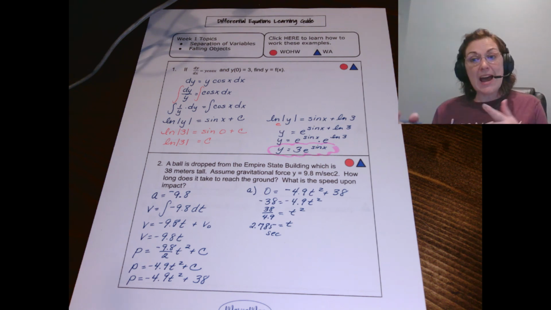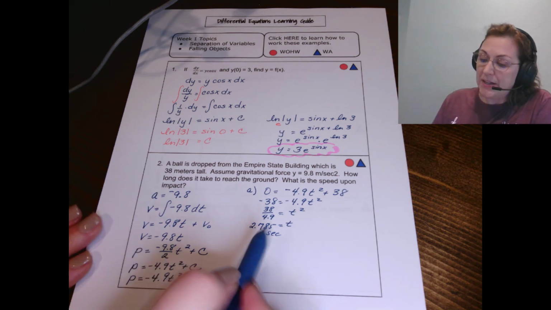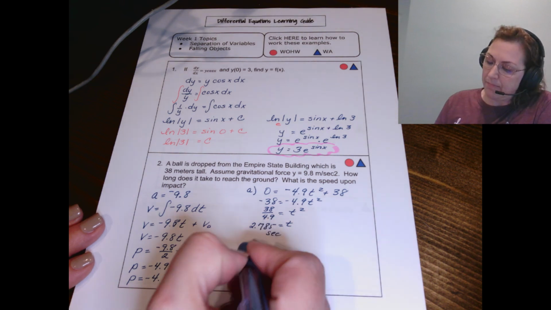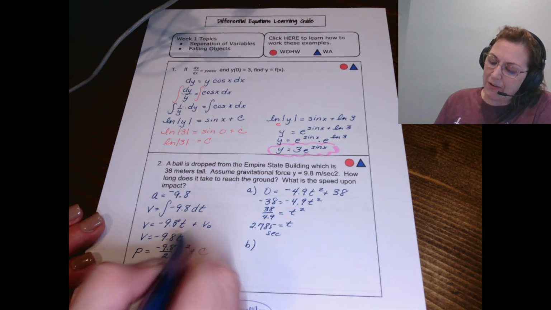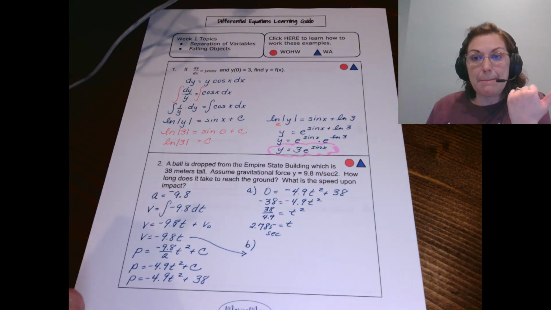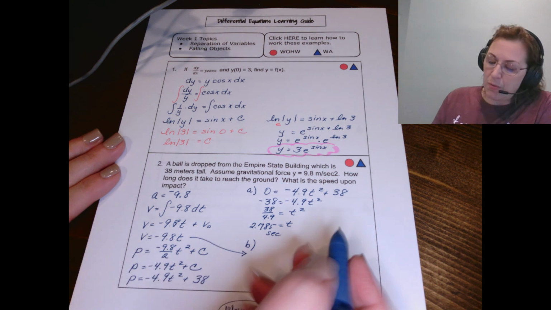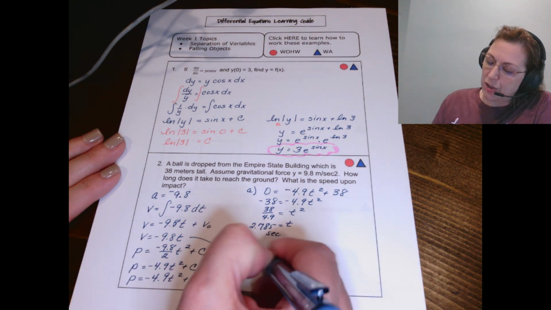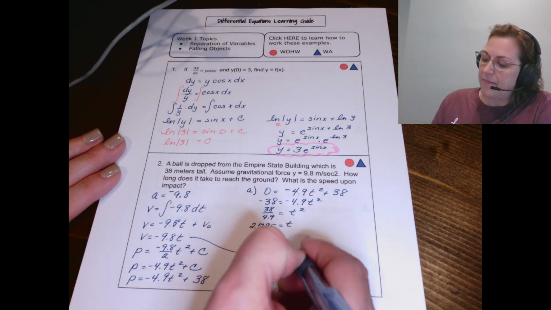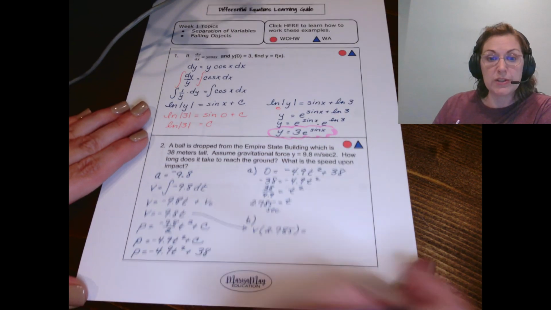Then we're asked for what is the speed upon impact, so we want to know the speed at this time. Remember, we have our velocity equation. Velocity is speed with a direction, so we'll find the velocity at 2.785. We'll notice that it's going to be negative, but speed doesn't have a direction on it, so we'll take the negative off.